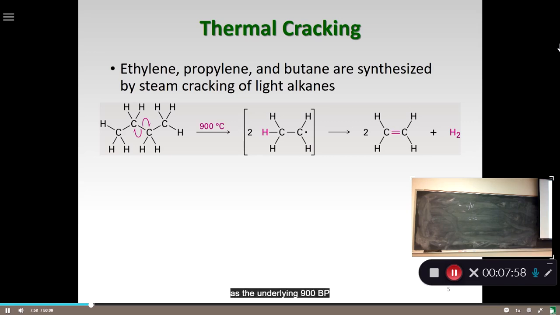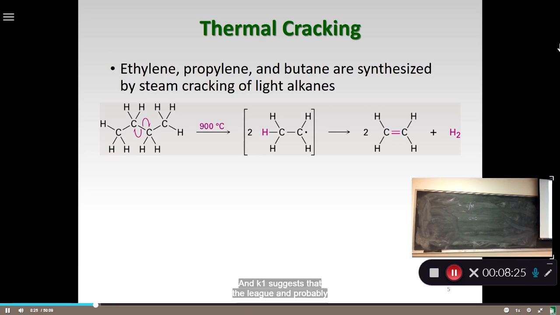In this example, they are providing 900 degrees Celsius. At very high temperatures you can break small alkanes symmetrically. It is a radical reaction, a symmetrical bond cleavage, so you produce small alkenes such as ethylene and propylene.